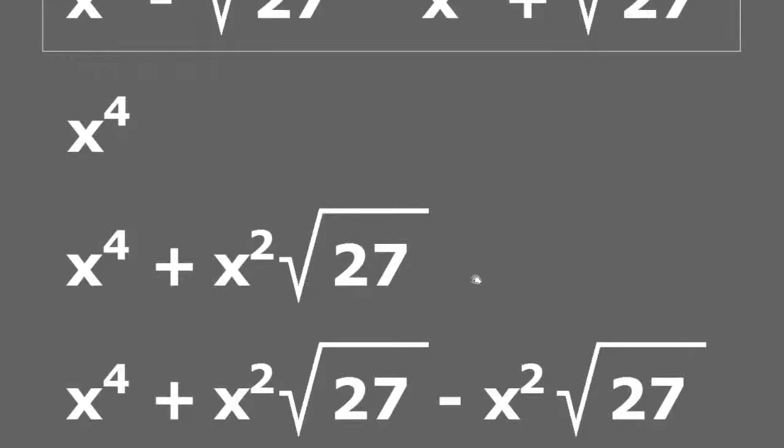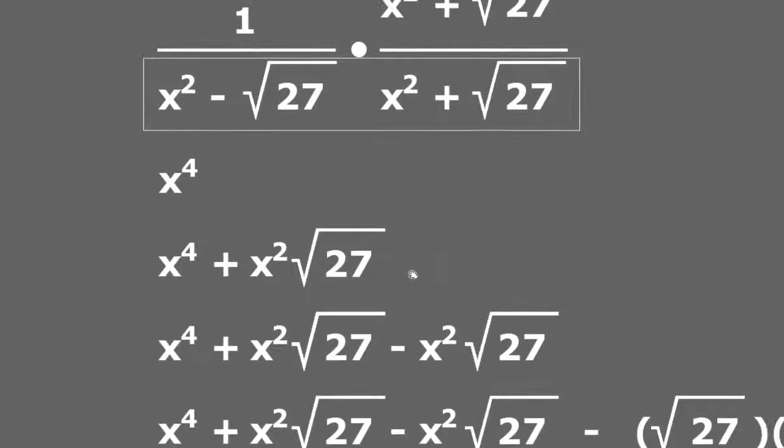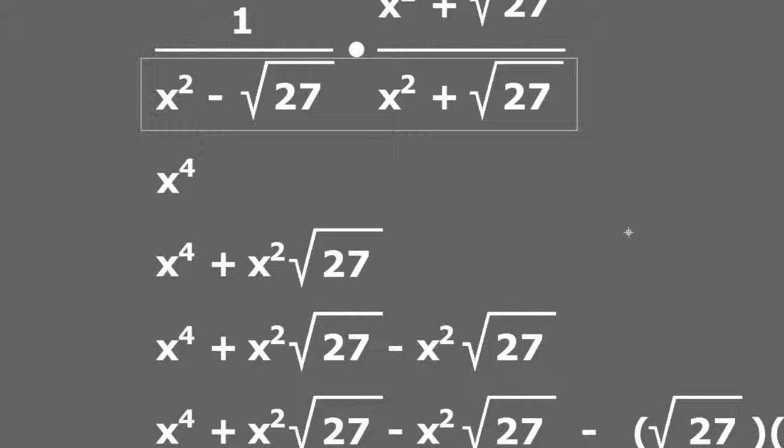Now, the next step in the FOIL method is to multiply the interior. The interior terms, the terms that are on the inside, are negative square root of 27 and positive x squared. So the multiplication of negative square root of 27 times x squared, I'm putting it here, and I'm putting the x squared in front. So it is minus x squared multiplied by the square root of 27.